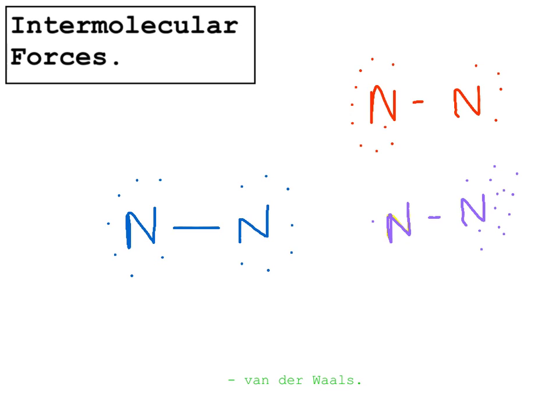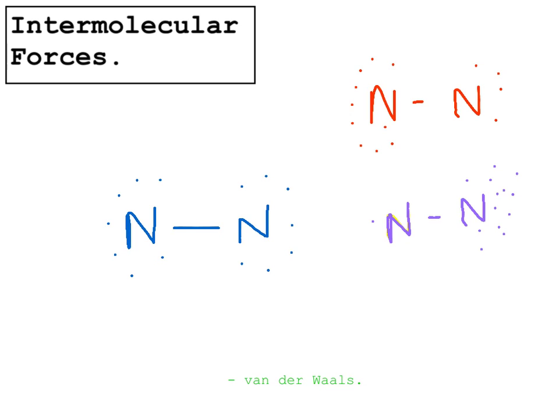Now when this happens, there's going to be a dipole created. A dipole is a word to describe the fact that one end is going to be a certain pole, negative or positive, and the other end is going to be the other sort of pole. If there are lots of electrons on one side of the molecule, then that side is going to have a slightly negative charge, not a full negative charge, but slightly negative.